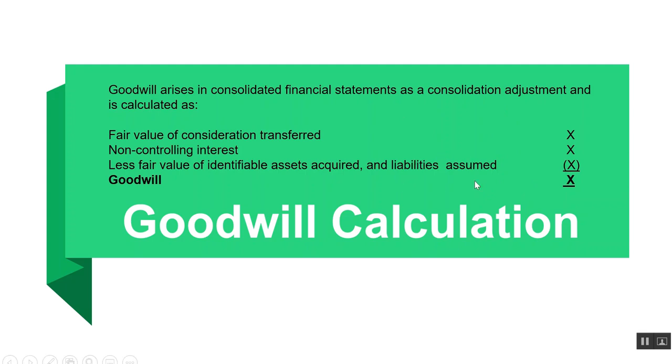If the acquisition is less than 100%, the calculation is a little bit complicated because there is non-controlling interest. The non-controlling interest has to be identified and adjusted when calculating the goodwill. This is the first adjustment that you need to do when preparing the consolidated financial statements. In this video, I am going to calculate by taking different examples, and I will show you how to calculate the goodwill.